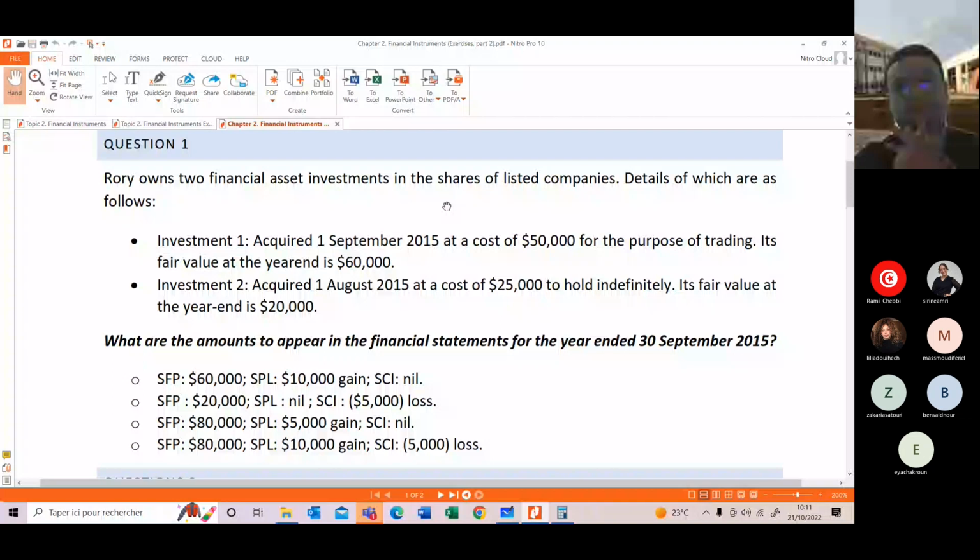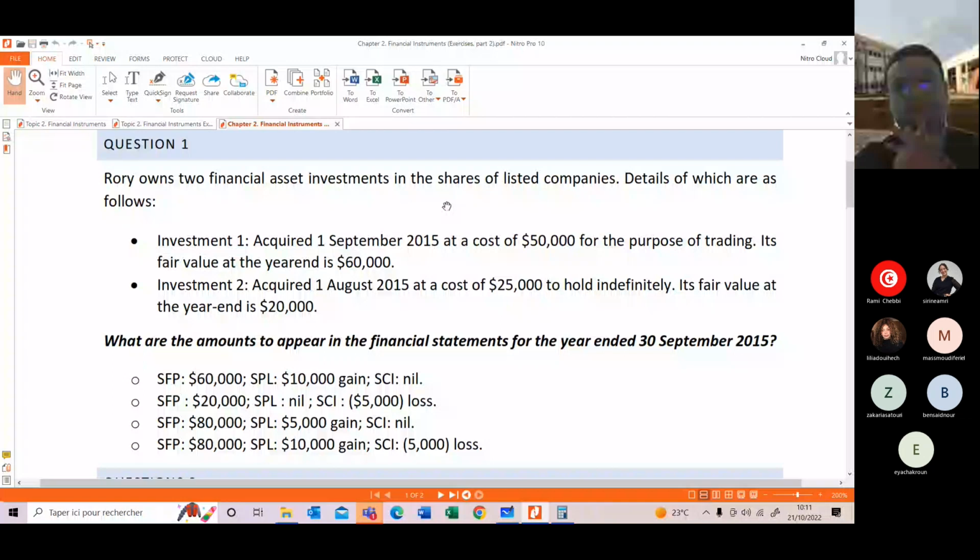Okay, let's go to the second question. Bobby bought 100,000 shares in the listed company on the 1st of May 2018 for 420,000, including transaction costs of $10,000. The shares were not acquired for the purpose of trading, but to realize gains in the future. On the 30th of June 2018, the reporting date, the fair value of a share was $5.10.